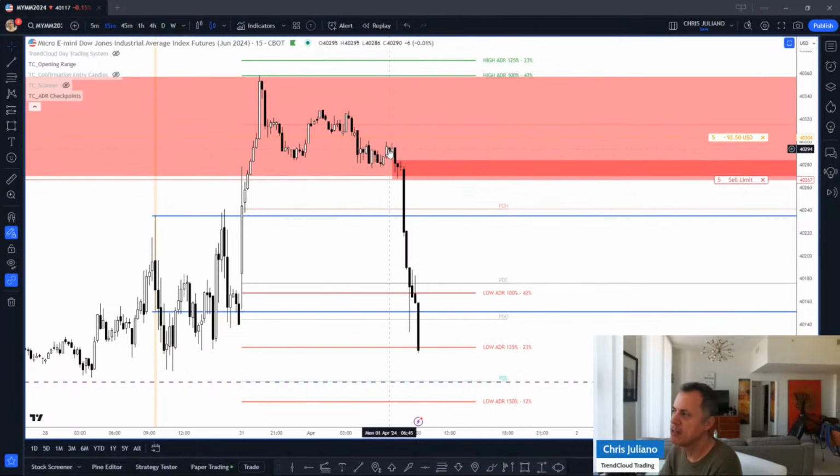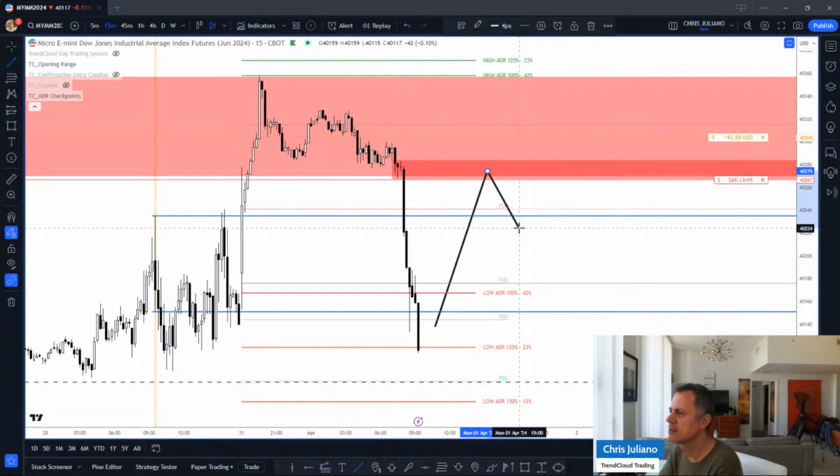And then one of these points here, hopefully somewhere inside of the supply zone is where this thing creeps back up to. We're really looking for this, right? We're looking for this, but we don't know.